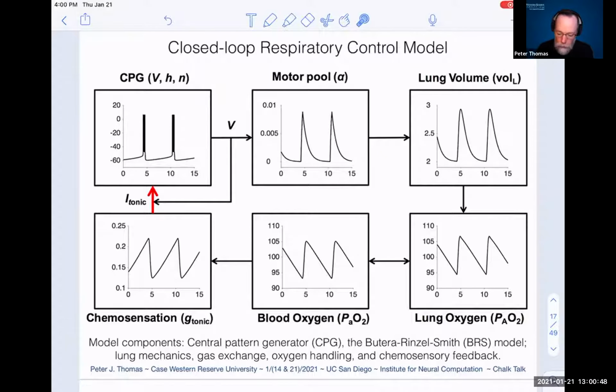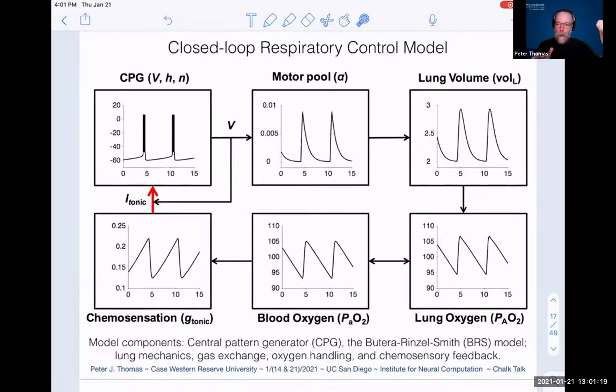The voltage from that is fed out to a simple motor neuron pool, which, when you're spiking, drives up the activation of the muscle, and when you're not spiking, the activation of the muscle drops, following a linear ODE. The muscle is driving the lung volume, so the lung is just an elastic piston with a spring. It gets pulled to larger volumes.